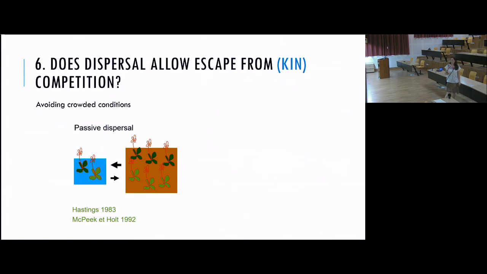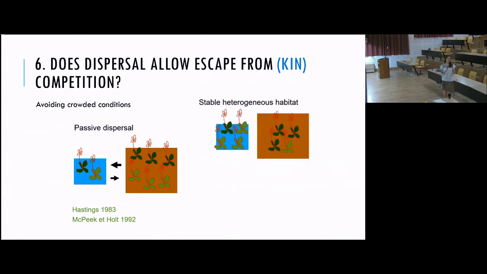And if you assume that this kind of heterogeneity in habitat quality is completely stable, what you find is that dispersing genotypes always have a disadvantage in this environment, and you select for zero dispersal in this model, which is very bizarre. And the reason for that is that you've got this fixed difference in habitat quality.